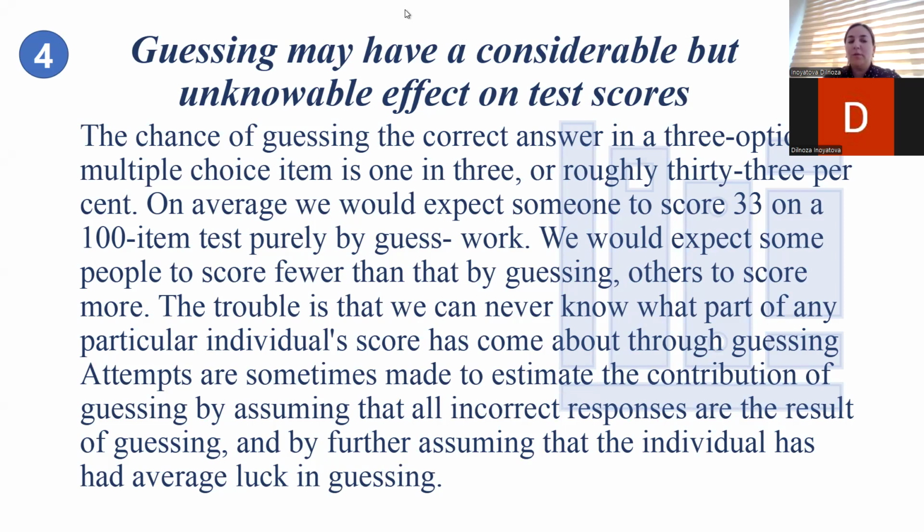We would expect some people to score fewer than that by guessing, others to score more. The trouble is that we can never know what part of any particular individual's score has come about through guessing. Attempts are sometimes made to estimate the contribution of guessing by assuming that all incorrect responses are the result of guessing, and by further assuming that the individual has had average luck in guessing.